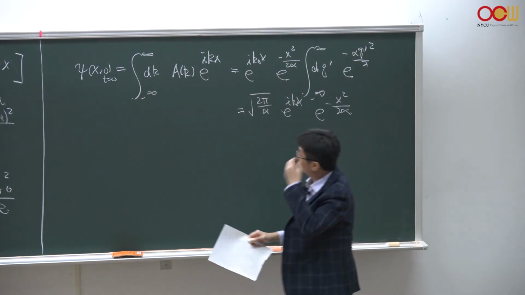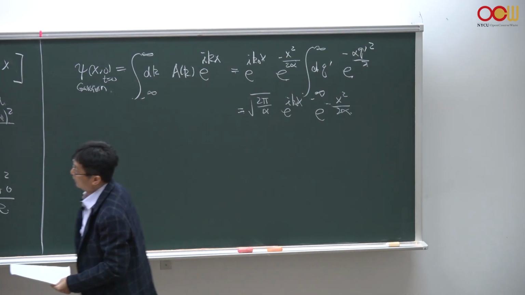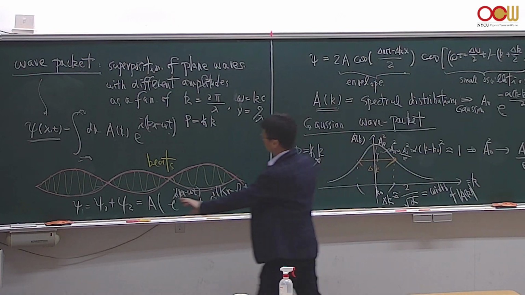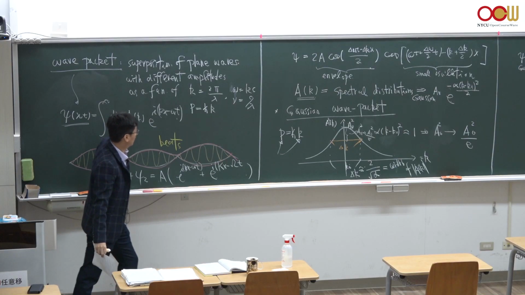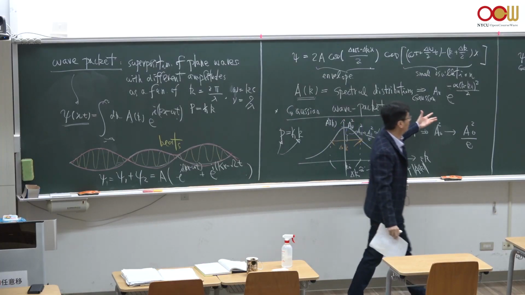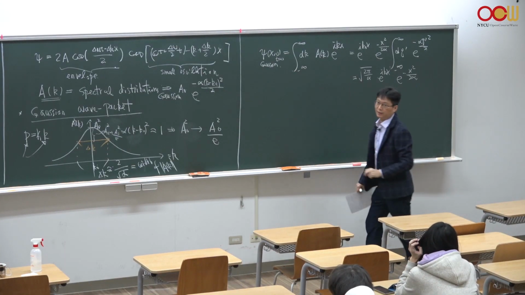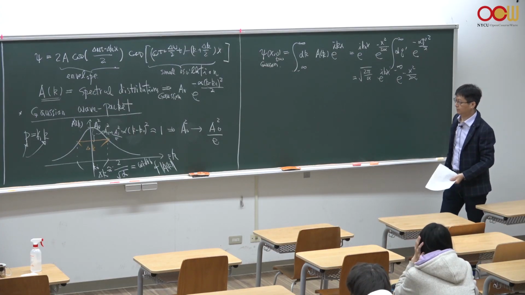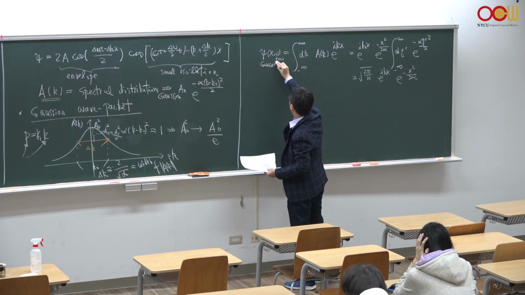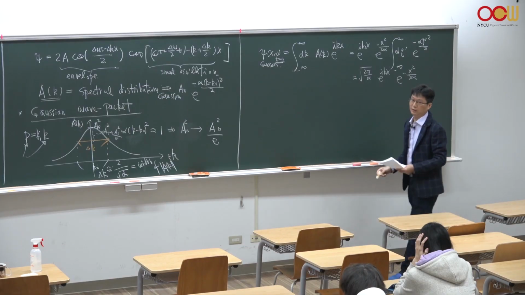Okay, so we could just take the definition of this wave packet right here, plug in this Gaussian distribution, and then you can perform the integration over dk to get the real space wave function of the wave packet more precisely, at time equals 0, the initial time.